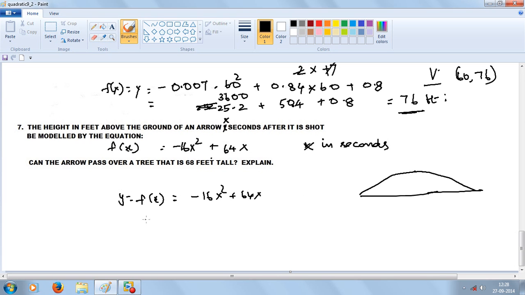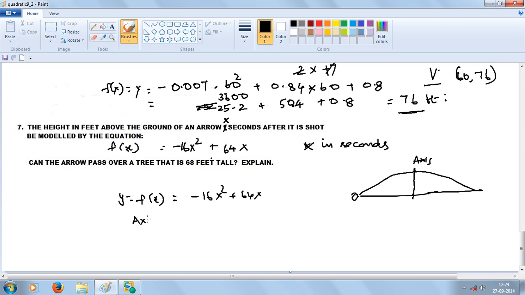So this is the axis of the vertex. This is the zero point where we start the arrow. The arrow will move as per the formula. That's what it says.